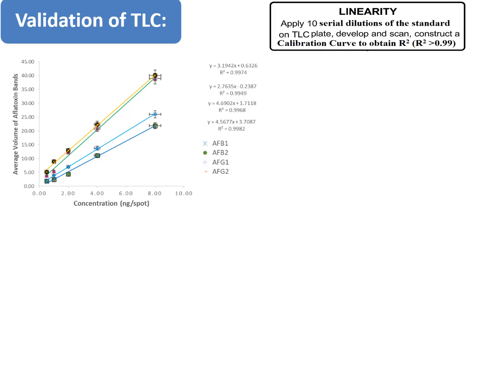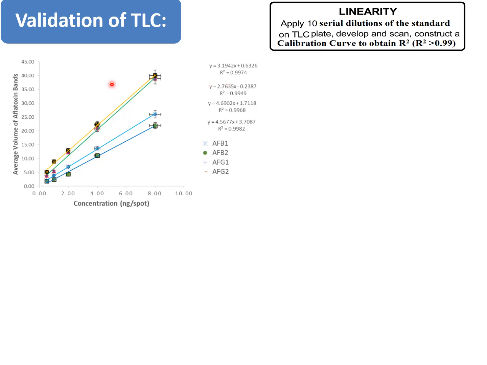Now, looking at this example, serial dilutions of the standard were measured, and then the calibration curve is produced, and from the calibration curve we have the calibration curve equation, and we have the coefficient of the calibration curve, that is the correlation coefficient or R-square value.